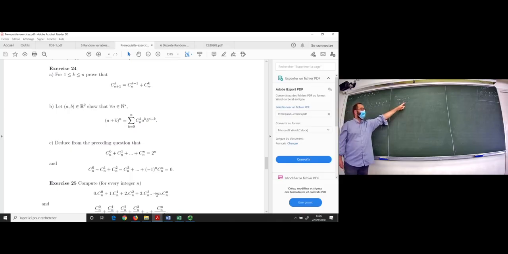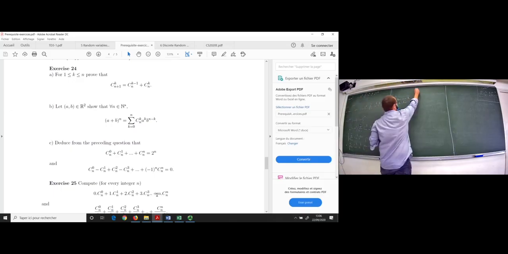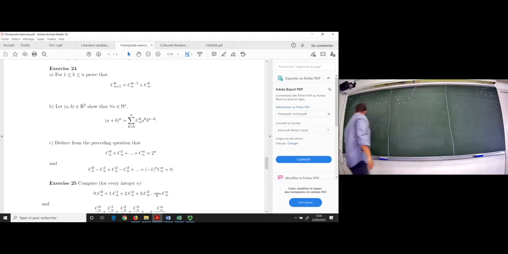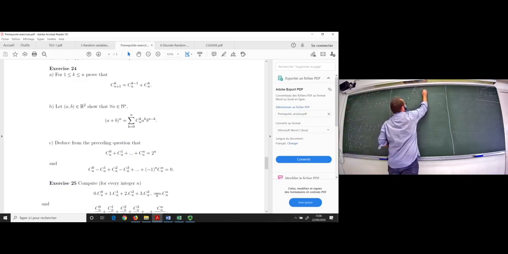So it's exactly what we are going to do for the first sum. If I define k prime equal to k plus 1, with k from 0 to n, then k prime will be from 1 to n plus 1. So I write this sum here. For the moment I write k prime, and at the end I will explain why I don't need it. My c n k becomes c n, k prime minus 1. A to the power k plus 1 becomes a to the power k prime.